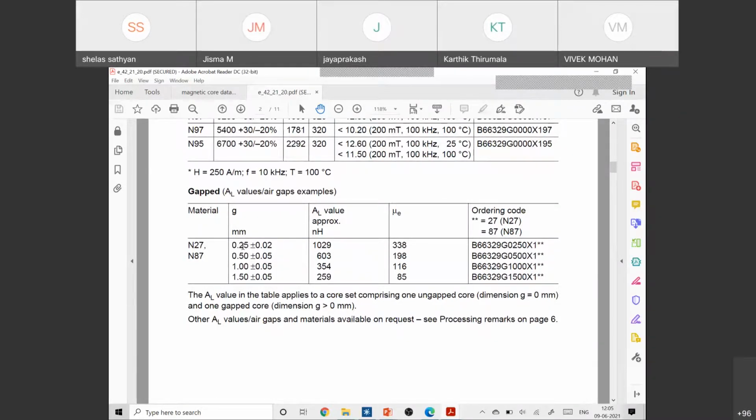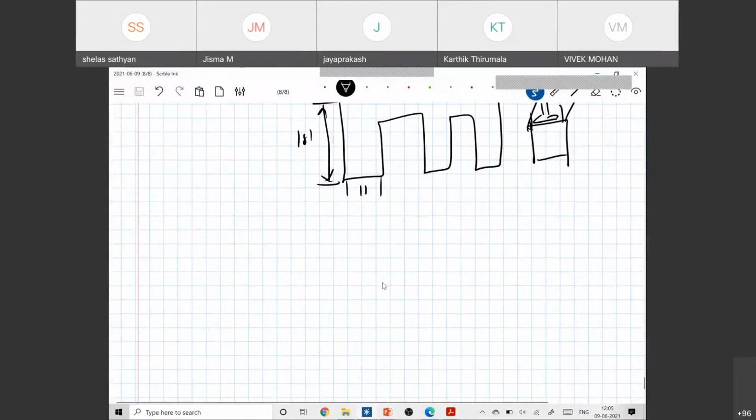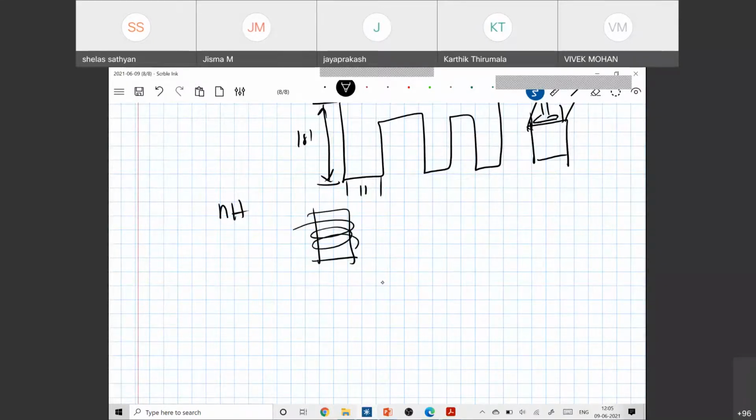Maybe you can increase the air gap by adding external papers and having a 1229 AL value. What do we mean by AL value? The AL value will be given in nanohenry or millihenry, depending upon the manufacturer. For example, if it is given in nanohenry, it means that if you have a magnetic core and you wind 100 turns, or 10,000 turns, then what will be the inductance? That will be given by the AL value. If you know the AL value, the number of turns can be found out by this expression.